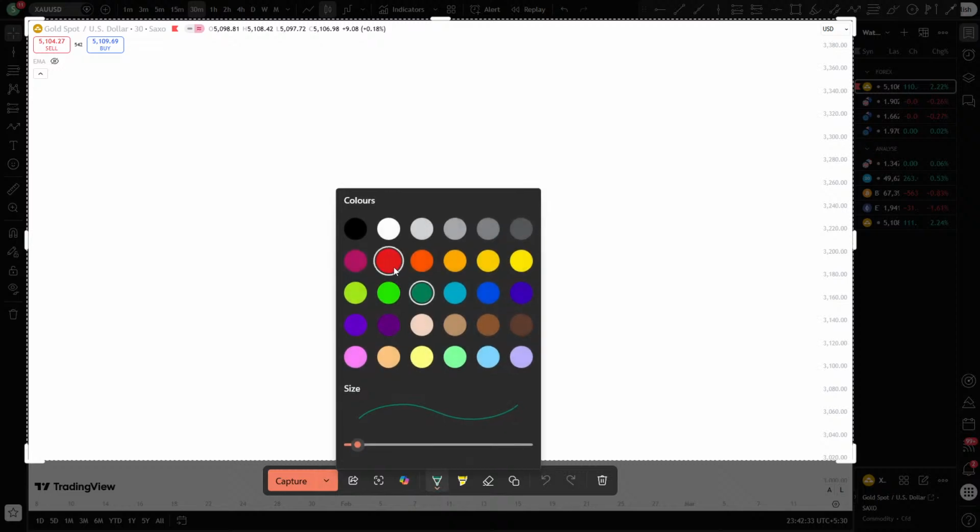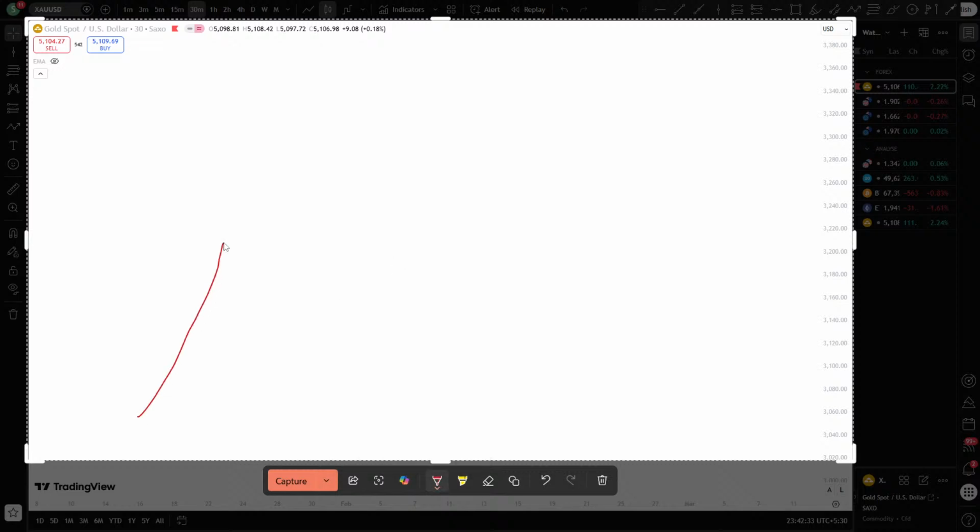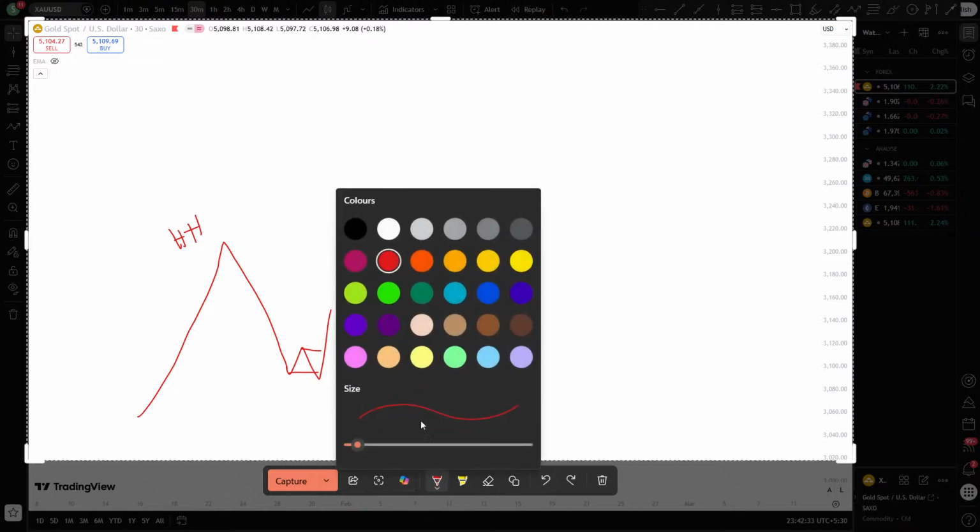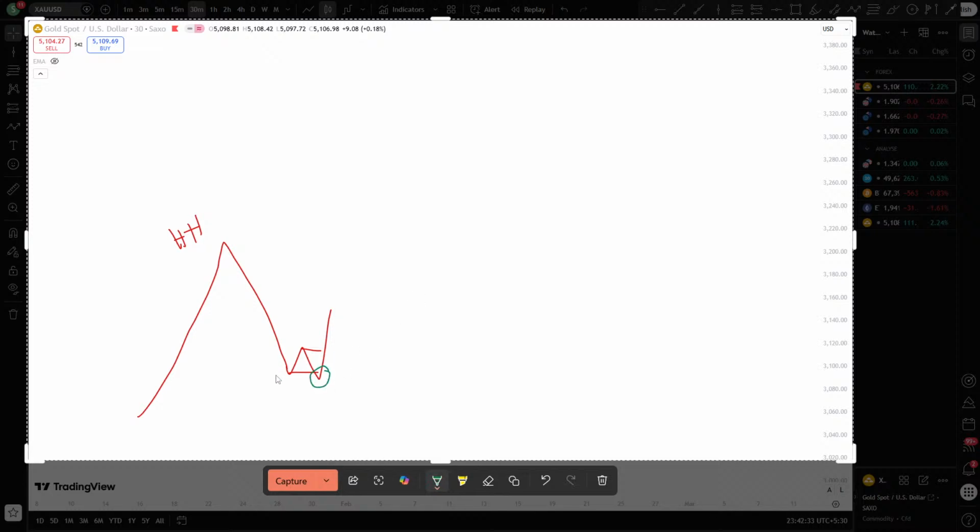So when the market is in an uptrend, it's going up, and it gives you a pullback before the market breaks its higher high, this point here, even if it creates a low like this, is not going to be a confirmed higher low, okay? It is not up until the market gives you a breakout here. Once it gives you a breakout here, that's when you can mark this higher low.